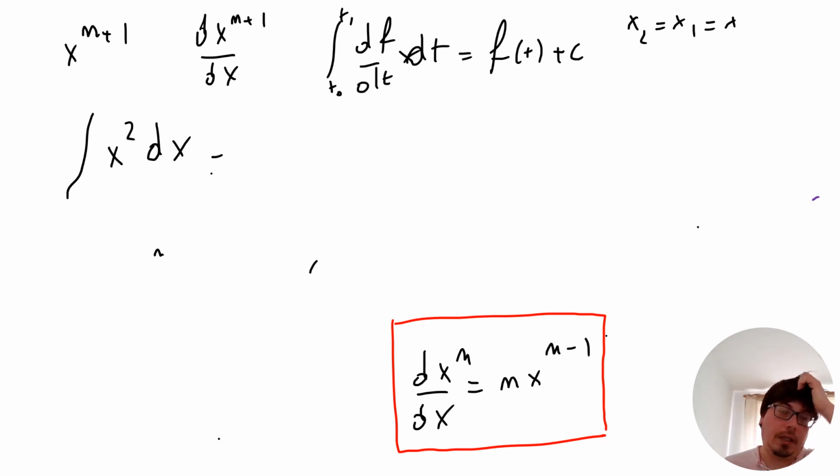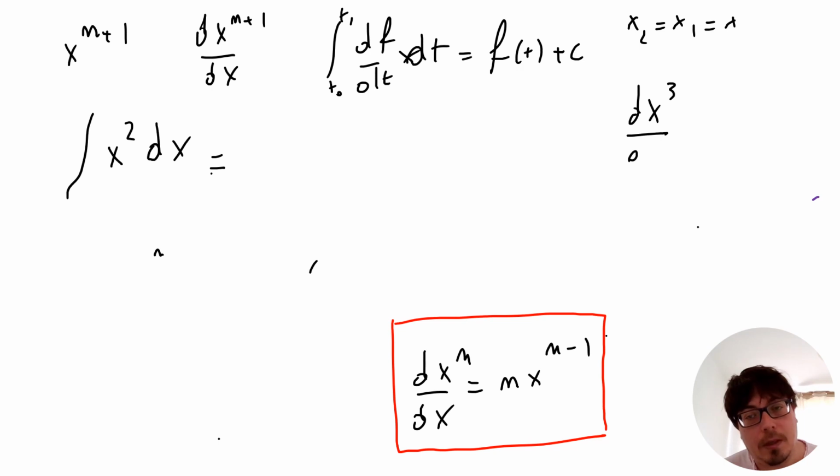So we know that if we take the derivative and we integrate it, we can reconstruct the function. So what do we do with x squared? We can do the sum, or we can remember that the derivative of x cubed over dx is exactly 3 times x squared, as we saw before.